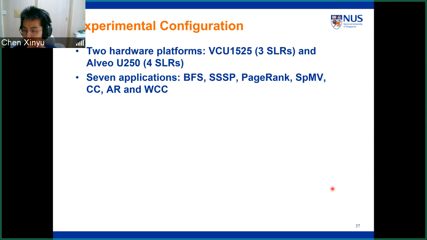Graph processing can be divided into many super steps. In each super step, we update the vertex property and we do apply. Then in the next super step, we do another propagation according to the previous step's updated value. It's like a BSP execution from the super step perspective.